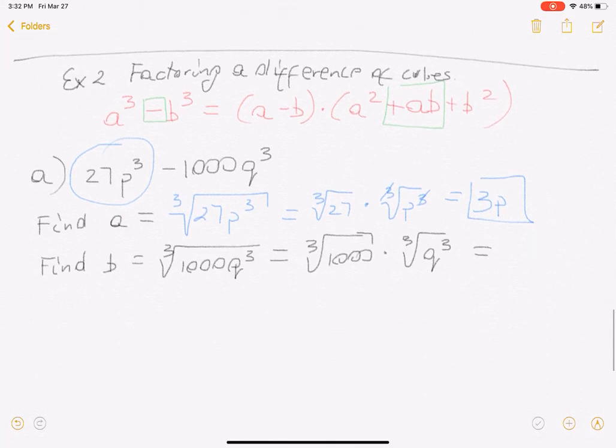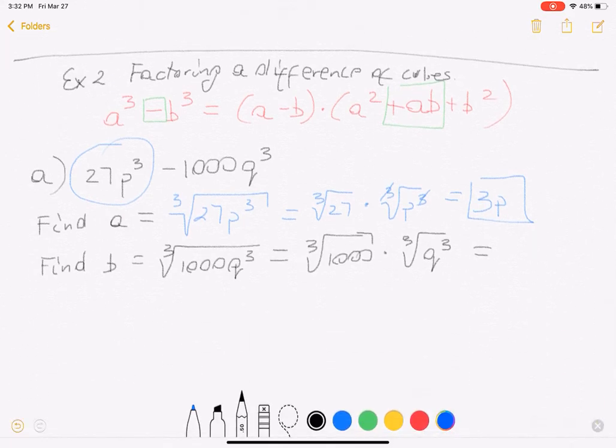So cube root of 1000 is 10, because 10 to the third power will give you 1000. And cube root of q to the third power is just q. The power and the index of root undo each other, so we have 10q. That's b. And now we're ready to plug it into the formula.